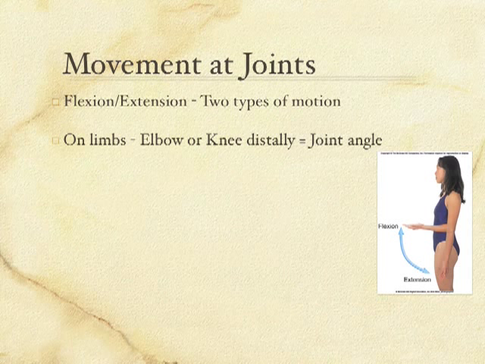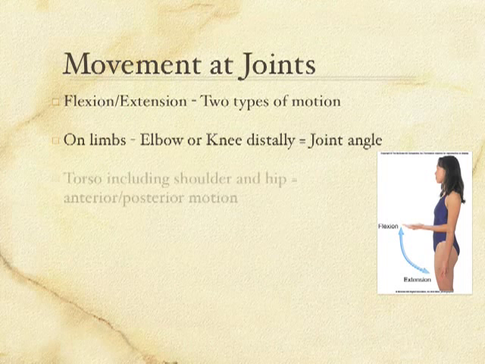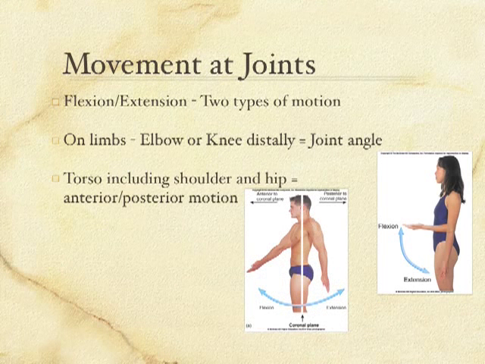If you're on the limbs, the easiest way to do this, from the elbow down or the knee down, is just to say, is it bending or straightening? Because arms and legs can be in funny positions. But if you're in the torso, including the shoulder or the hip, then really use that concept of anterior and posterior motion. Okay? That's the best way to do that.